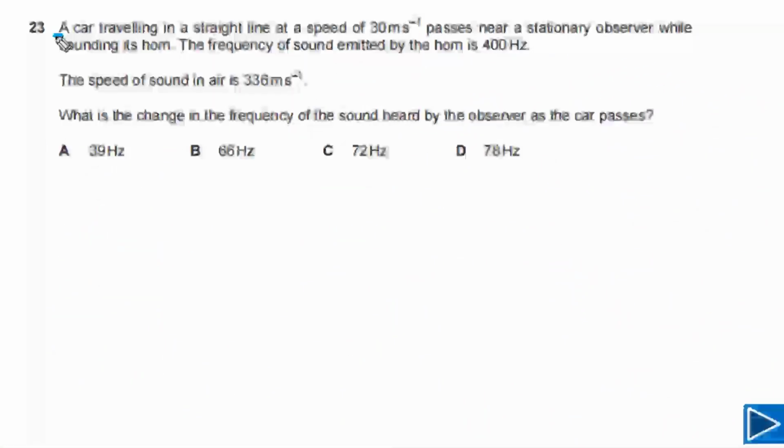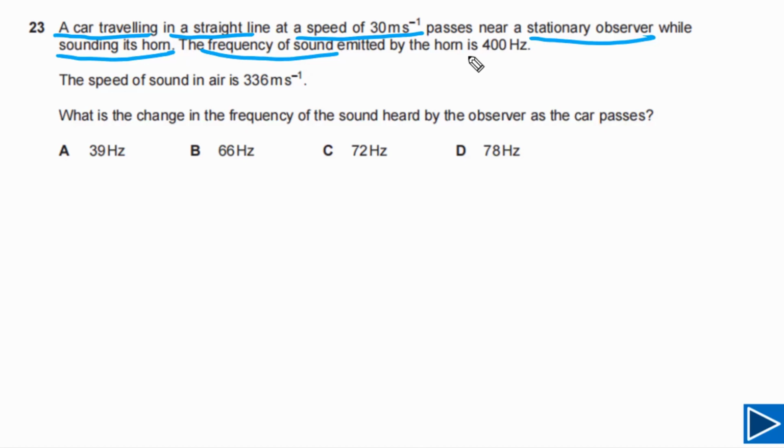For this question, it is given to us a car traveling in a straight line at a speed of 30 meters per second passes near a stationary observer while sounding its horn. The frequency of sound emitted by the horn is 400 hertz. The speed of sound in air is given and is equal to 336 meters per second.